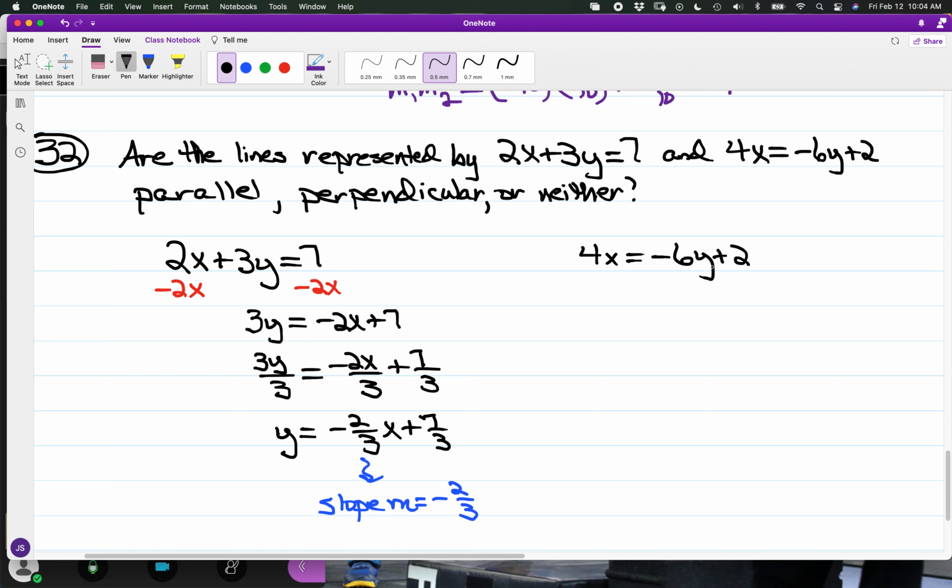And if we isolate the y term, now we have the y term situated on the right-hand side of the equation. So if I move the 2 by subtracting, now we have 4x minus 2 is equal to -6y.